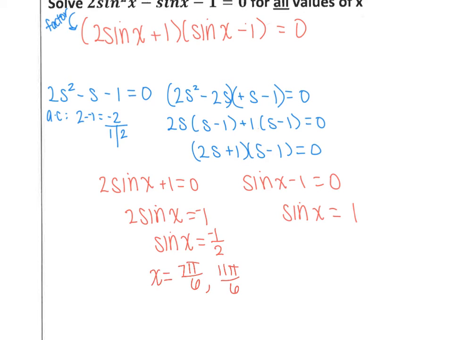Those are the only values that would give us negative 1/2 specifically, but this one again was asking for all values. So we could take both of those and add 2n pi. So we're just going to keep finding the next coterminal angle. And then over here, when sine of x equals 1, you get x to equal pi over 2. That's the only value, but we're asking for all values. So again, add that coterminal, so add 2n pi.